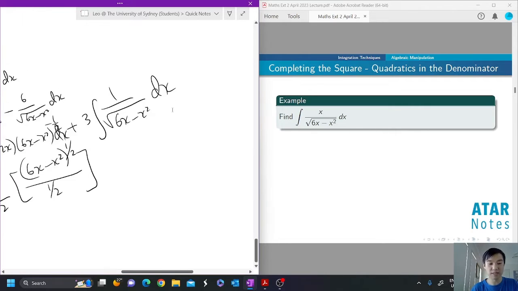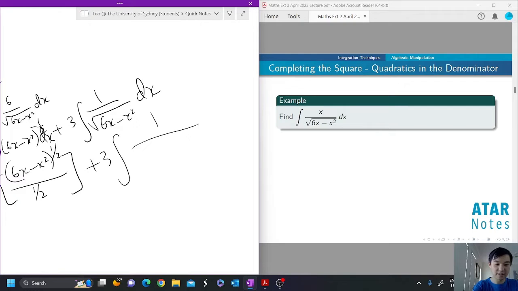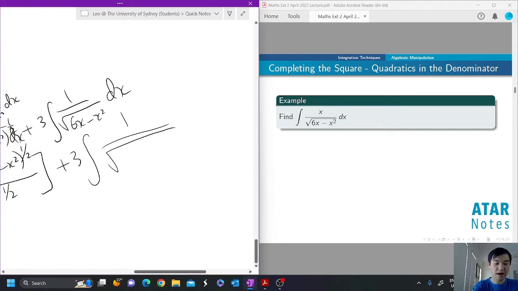So what I'm going to do is try completing the square. This is the same thing as minus x squared minus 6x.